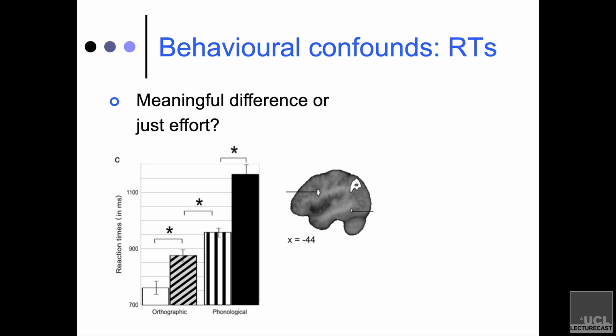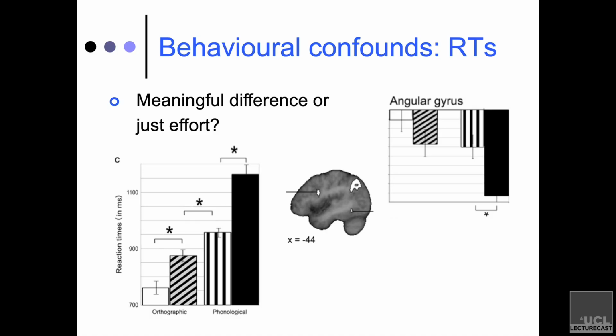But there were 3 areas of the brain that showed activation, and you can see them there on the right in that brain image. The angular gyrus, which is that posterior parietal region, showed this pattern of activation. So it exactly mirrored the reaction times, but in reverse.